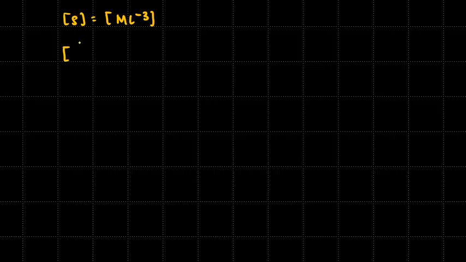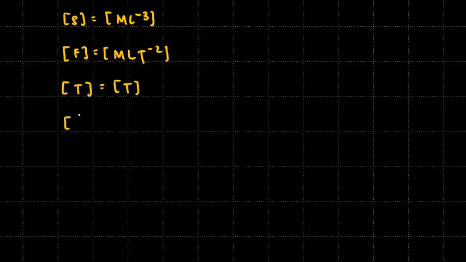The dimension of force is MLT^-2. The question you might have is, why are we using SI systems here? It's to make our calculations easier. The dimension of time will be T, and the dimension of length will be L. Here I wrote capital T, it's supposed to be small t. And K is a dimensionless constant.